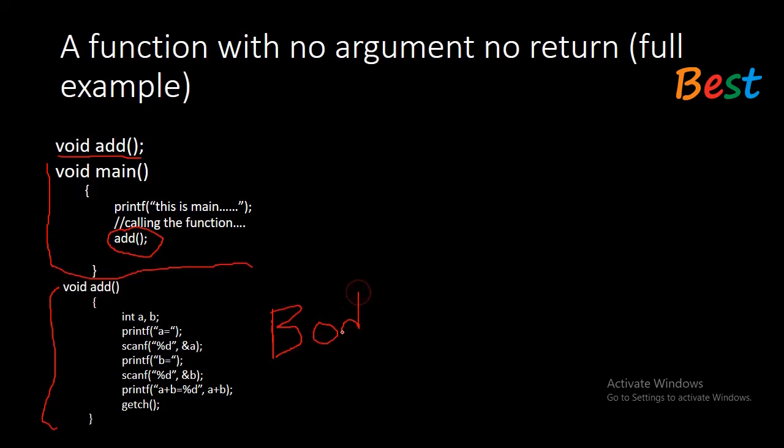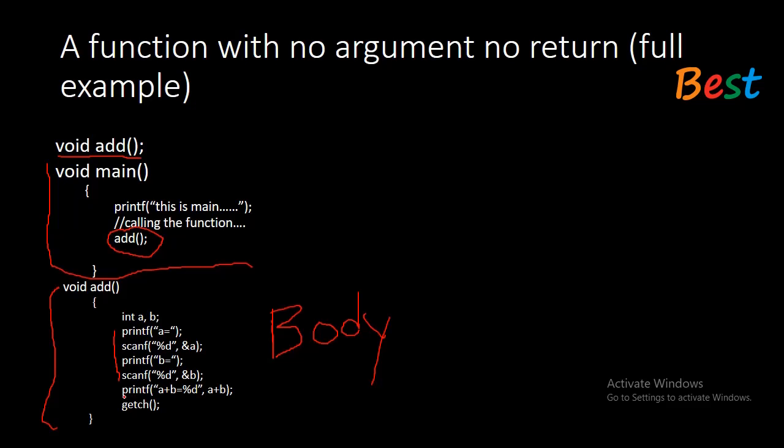And what will be done by this function? This function will add two numbers, int a and b, which are declared by me. After that, printf and scanf are used for taking values for a and b.